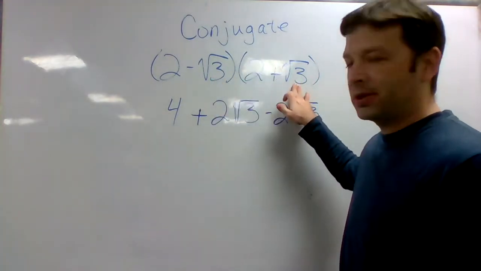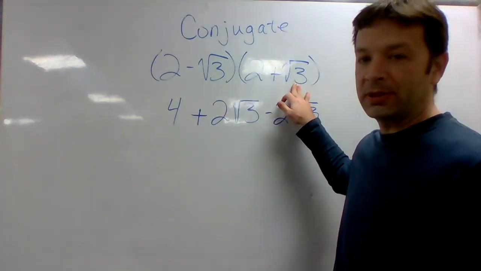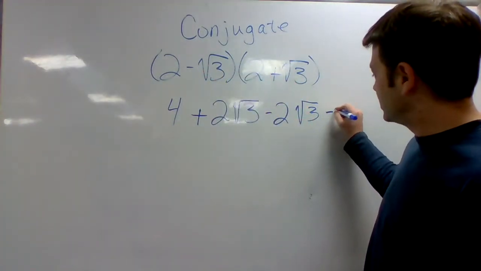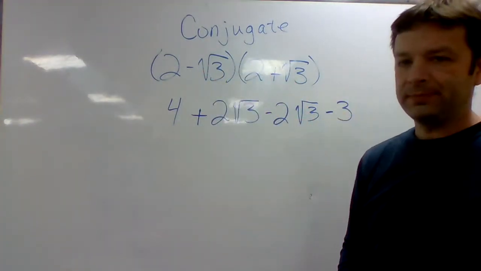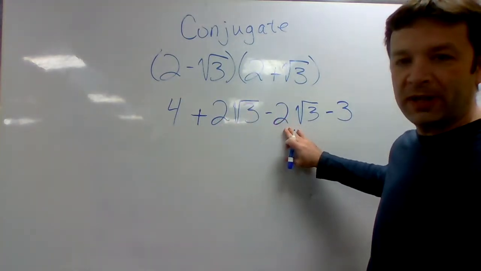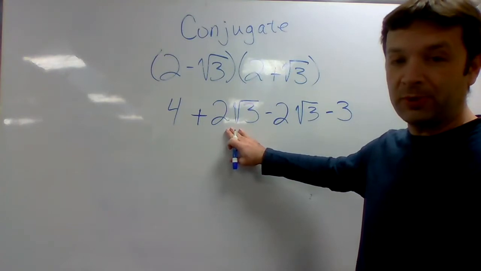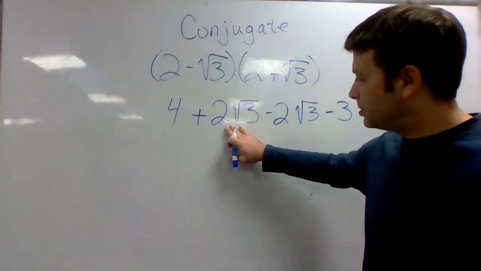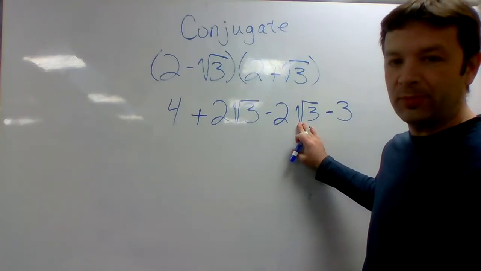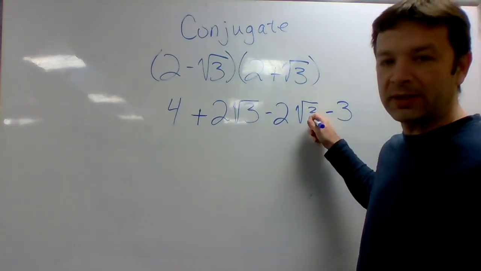Square root of 3 times square root of 3 ultimately is just 3. Negative times a positive is negative, so it's negative 3. Okay, you can simplify these two in the middle like normal. That's normal for FOILing. 2 square root of 3 minus 2 square root of 3 is 0 square root of 3. No more square root of 3's. So those are just going to cancel out right there.